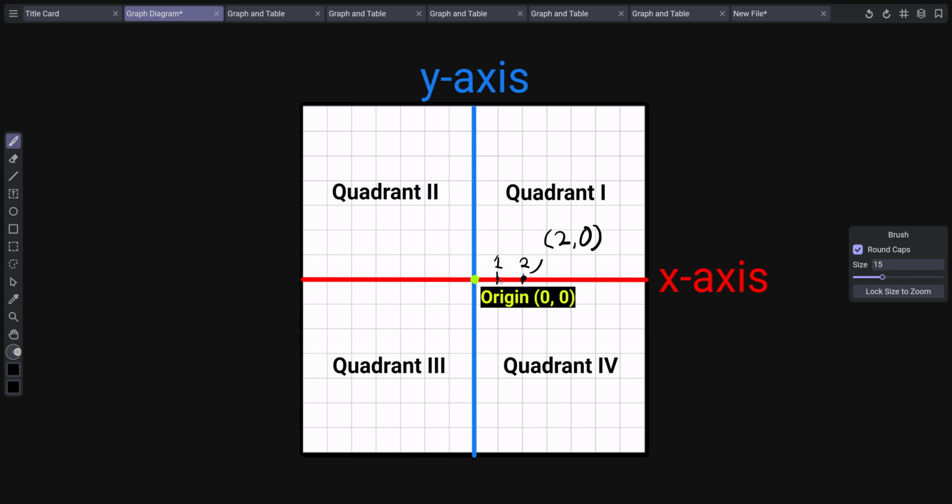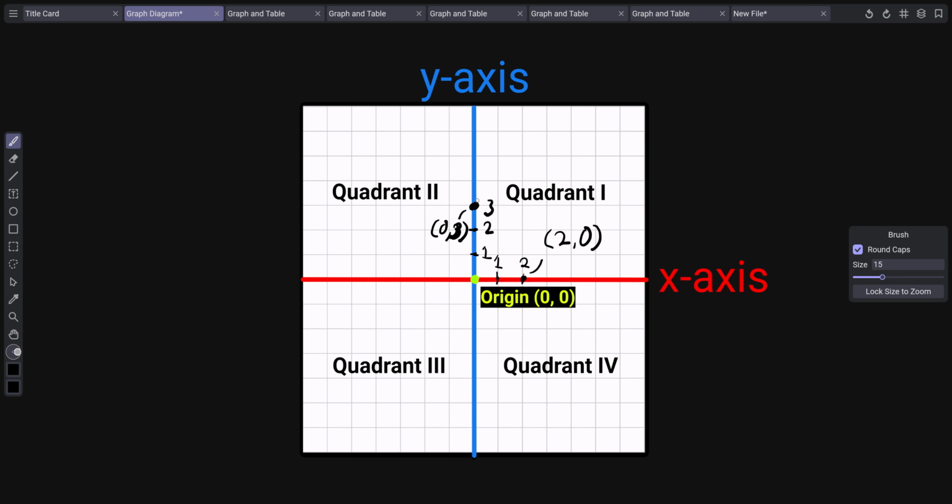Or if I were to go up, say if I were to go up 3 steps, so I would go 1 step up here, another step here, and then a third step. And then I stopped at this point. Then this point would be 0, 3. That's not a really good looking 3, but hopefully you can tell.